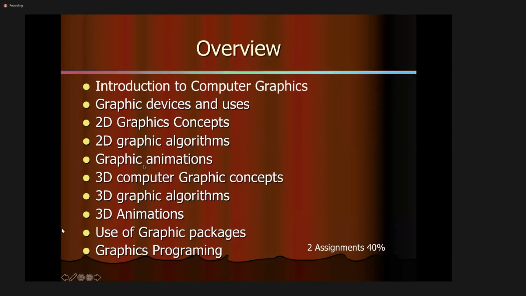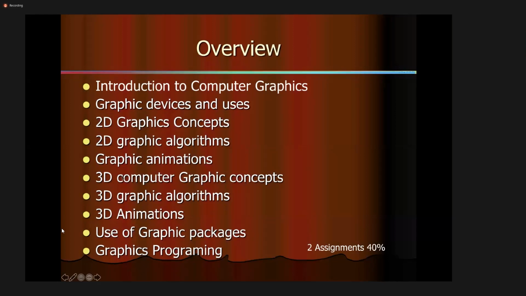And then we are going to discuss graphic animations, right? Graphical animations. And 3D computer graphic concepts are also to be learned here. 3D graphic algorithms are to be learned. And 3D animations.